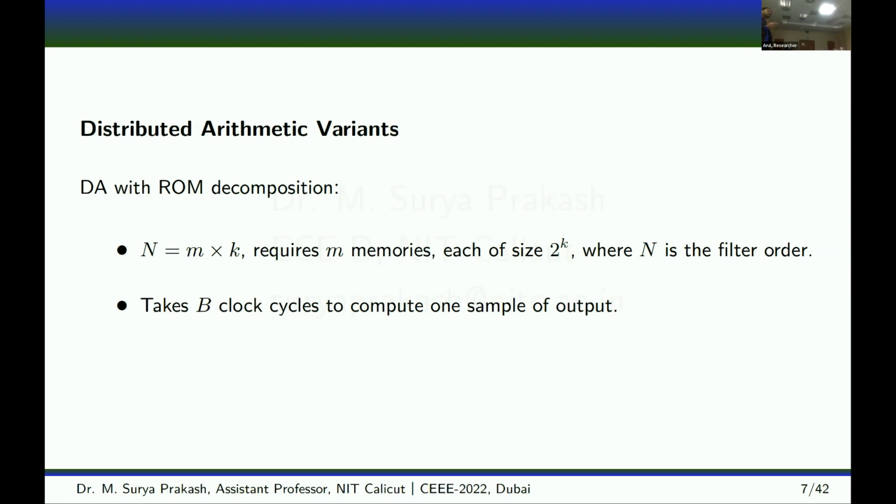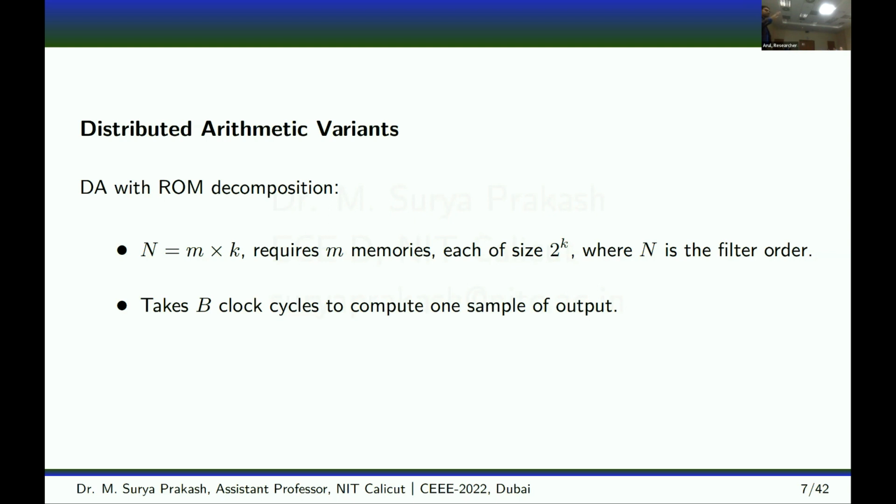The basic DA processing unit takes B number of clock cycles for computing the dot product of 2 vectors. But if we have to get the dot product computed in a comparatively smaller number of clock cycles, we have one more variant, and that's the digit serial scheme of DA. So this is the ROM decomposition variant.